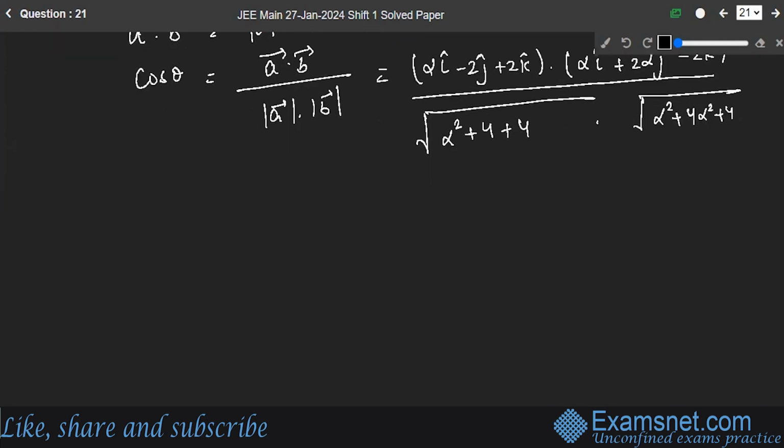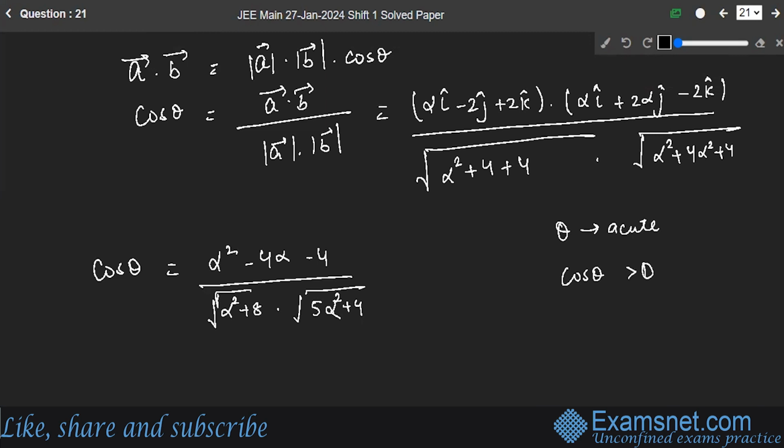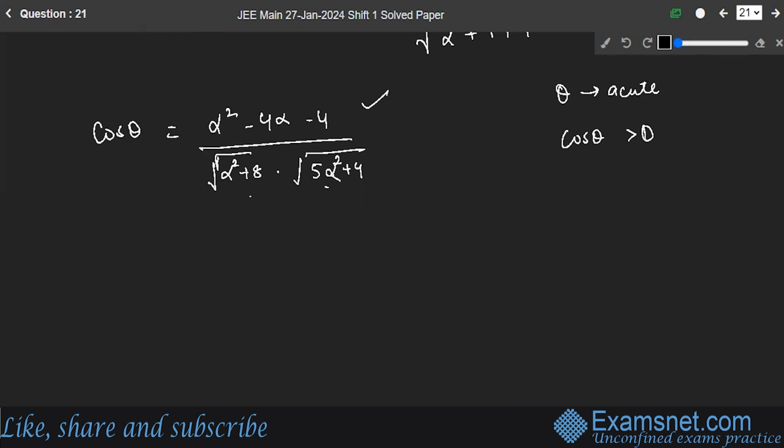So let's write it again, cos theta, on solving, will be alpha squared minus 4 alpha minus 4 upon this multiplied by this. Now you're given that theta is acute. For that, it will be positive, greater than 0. So if this is greater than 0, obviously the denominator can't be negative. That means alpha squared minus 4 alpha minus 4 will always be greater than 0. Let's factorize.